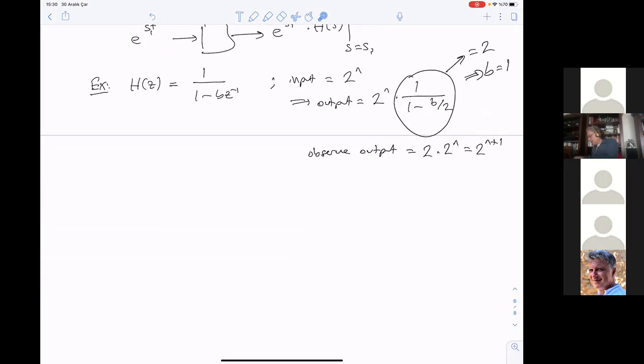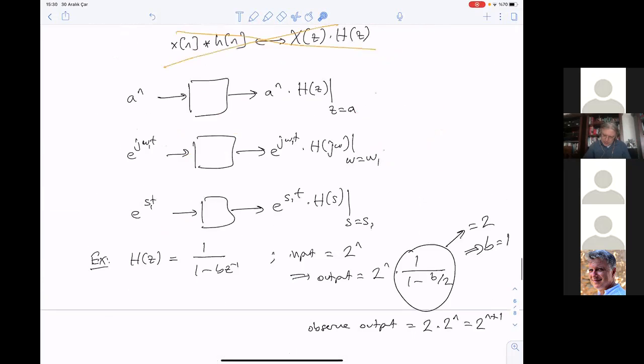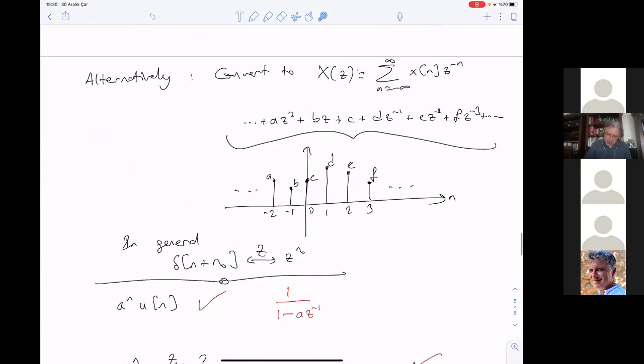Now, I will show you the last way to convert. So I am going back to this topic here. Can we really convert our Z transform into a normal polynomial like this?